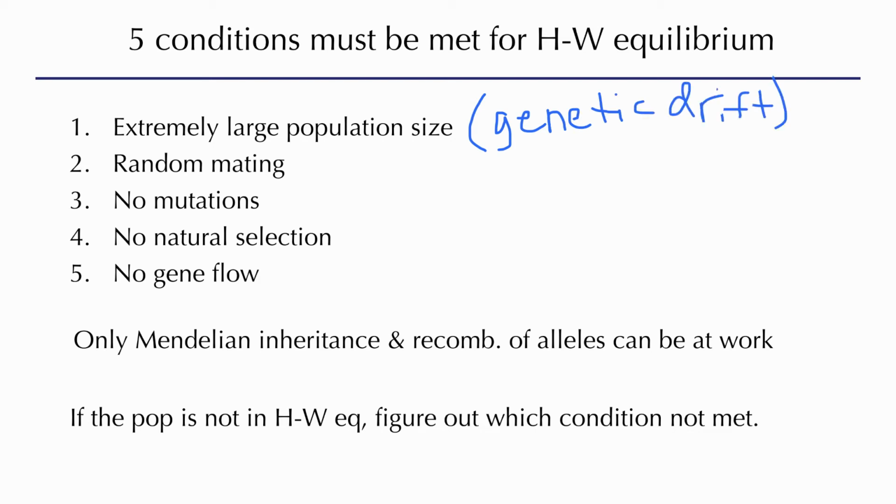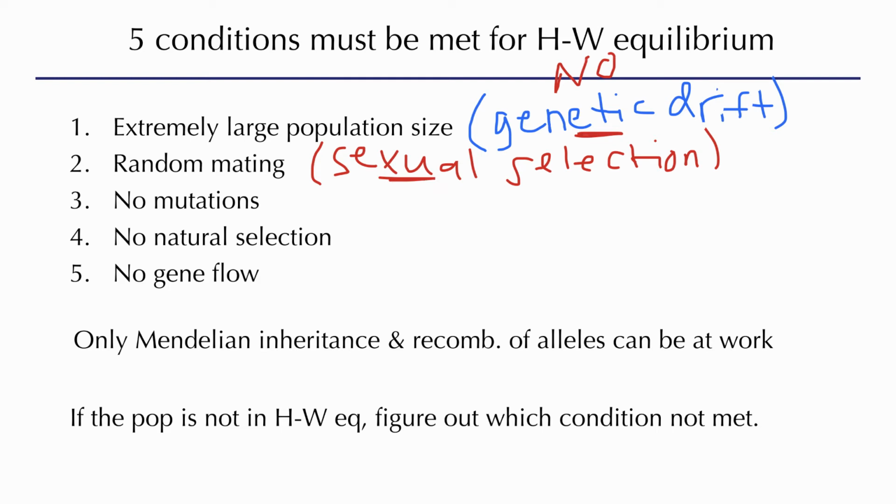A large population size negates genetic drift influences. Random mating is going to negate sexual selection. This column is saying that you don't have consequences of genetic drift, you don't have consequences of sexual selection, no mutations occurring, no natural selection occurring, and no gene flow occurring.